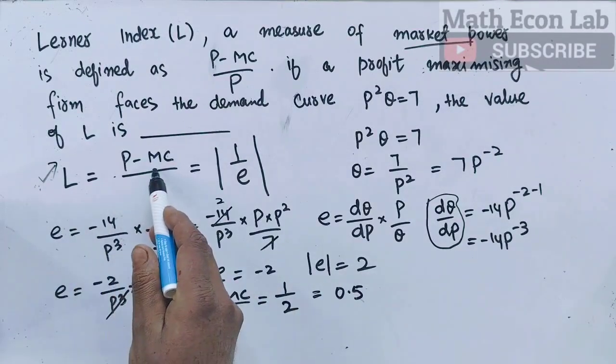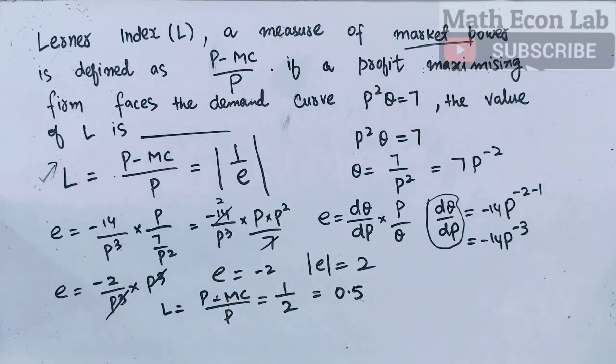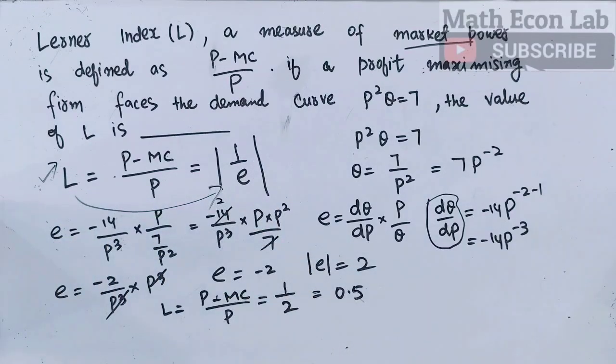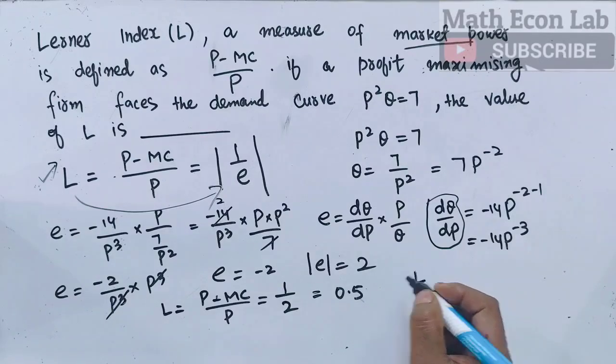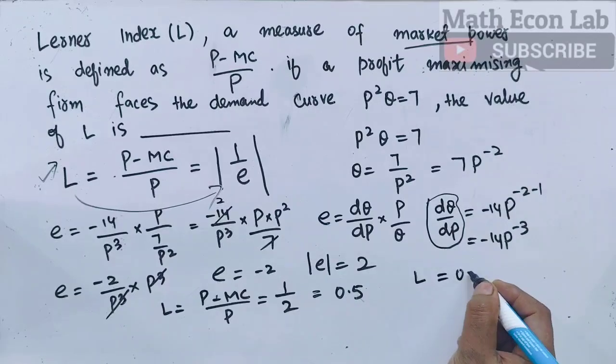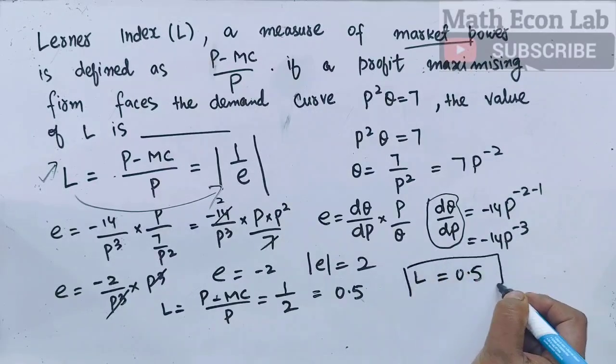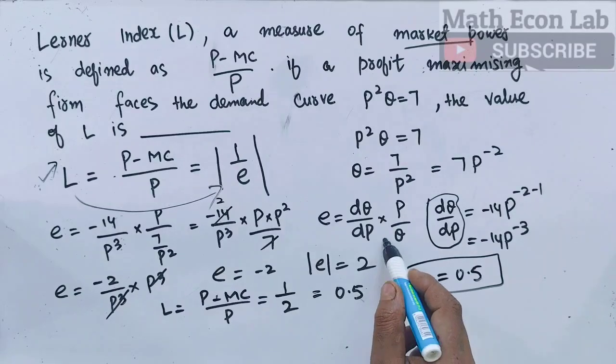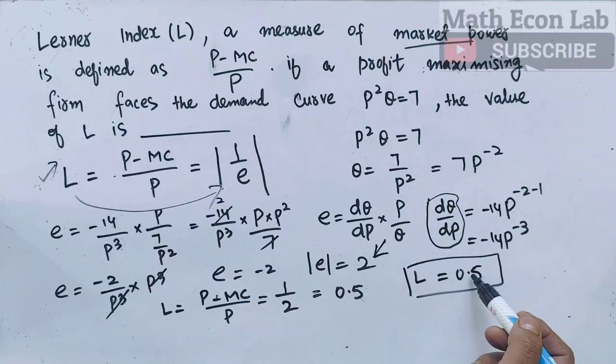If L is equal to this stuff and this stuff is equal to this, simple thing, so it means L is equal to 1 upon elasticity of demand. Elasticity of demand was 2, so Lerner's index will be 0.5, the reciprocal of the elasticity of demand.